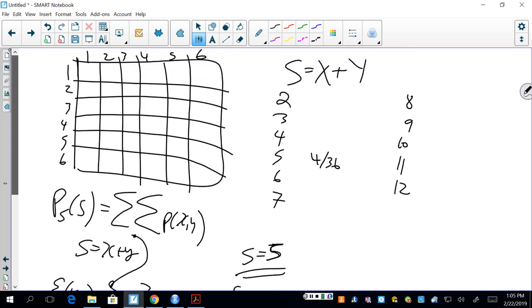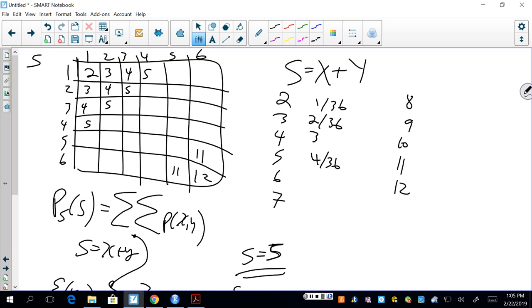If you put the values of the sums in here, this is 2, this adds up to 3, these add up to 4, these add up to 5, etc., with the last one being 12, and these are the 11s. So there's a 1 out of 36 if you get the smallest on both. There are 2 ways to get 3, 3 ways to get this, 5 ways to add up to 6.